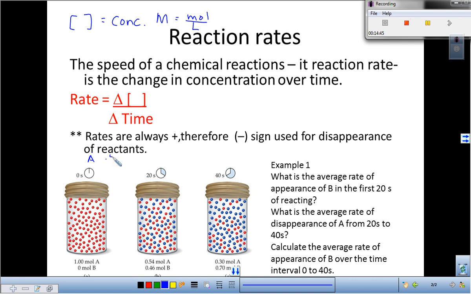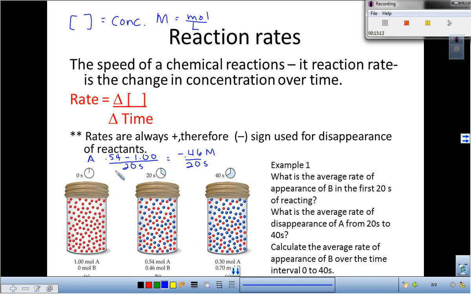So it's 0.54 minus 1. You're just doing a slope, over 20 seconds. So what do I get? Negative 0.46 over 20 seconds, molar.